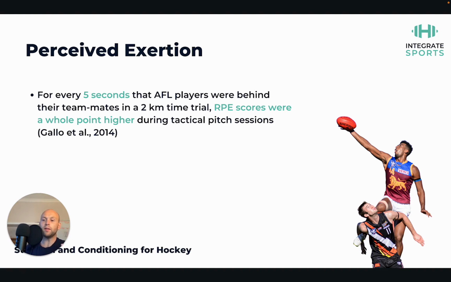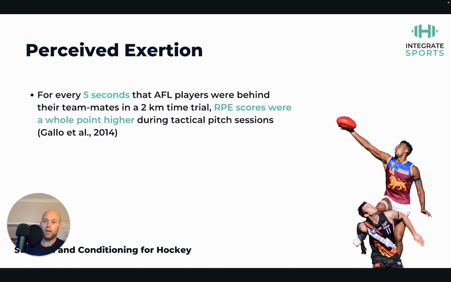To break that down into layman's terms, an RPE score is a very simple score out of 10, or sometimes out of 20, which ranks how hard the session was. So the lower the score, the easier the perceived effort of the pitch session. What they found was for every 5 seconds slower in a time trial test, i.e. the lower the maximal aerobic speed score, a whole point was increased during a tactical pitch session.